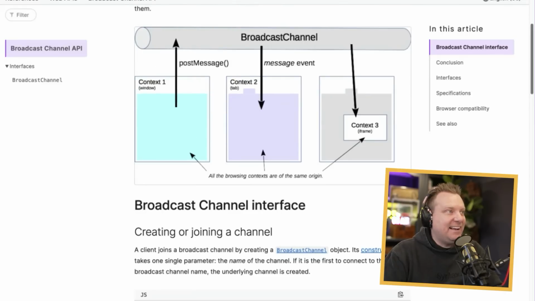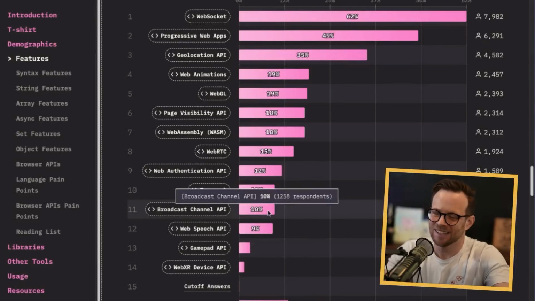I have a YouTube video where I had multiple windows open and I had my video streaming in, and you could move the window anywhere you wanted and it would draw lines between the windows. Everybody's like, you're using Broadcast Channel API. And you know what I was using? Local storage. Oh, I thought you were using Broadcast. Yeah. Because local storage is shared between tabs, right? Yeah. All right. No, I haven't.